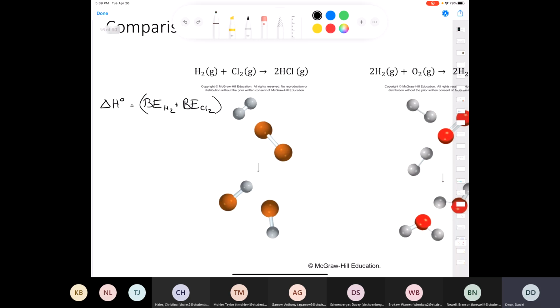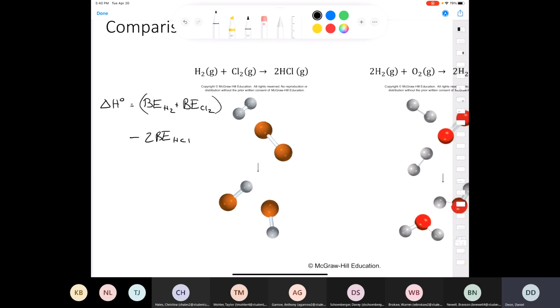And then from it, you would subtract the bond enthalpy of, since there's 2 HCl's, you would put 2 times the bond enthalpy of the HCl bond, okay?